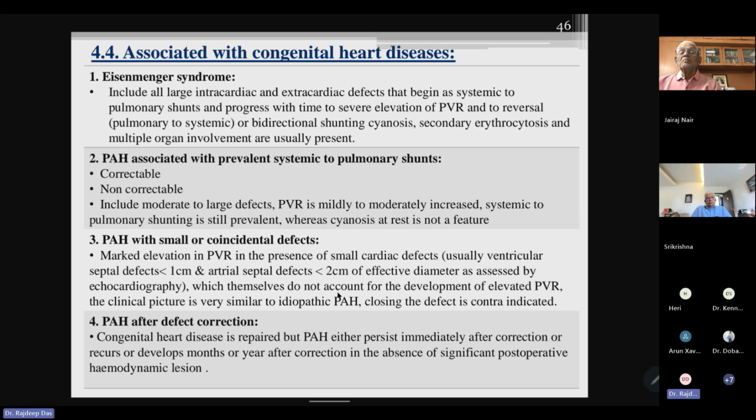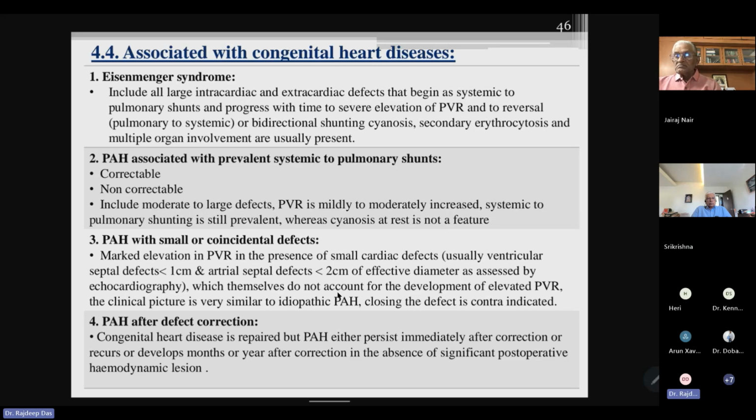In case of small and coincidental defect, there is marked elevation in PVR in the presence of a small cardiac defect, which is effectively small but does not account for the development of this much elevated PVR. The clinical picture here is very similar to idiopathic PAH, and the closing of the defects is usually contraindicated.